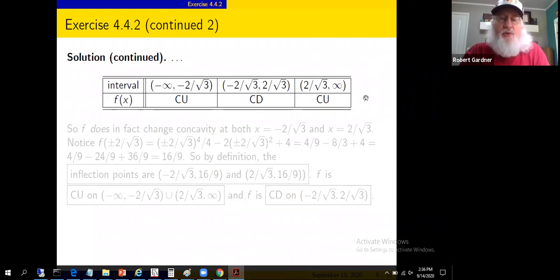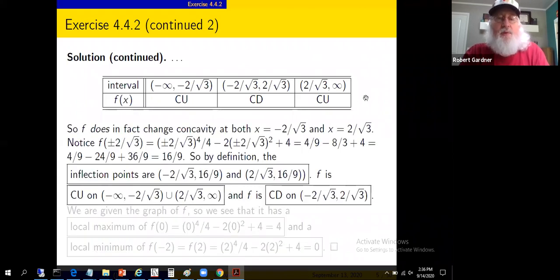So here's the information we had. So f does in fact change concavity at both of these points. So both of these points really are points of inflection. At -2 over the square root of 3, the function changes concavity. At 2 over the square root of 3, it changes concavity as well.